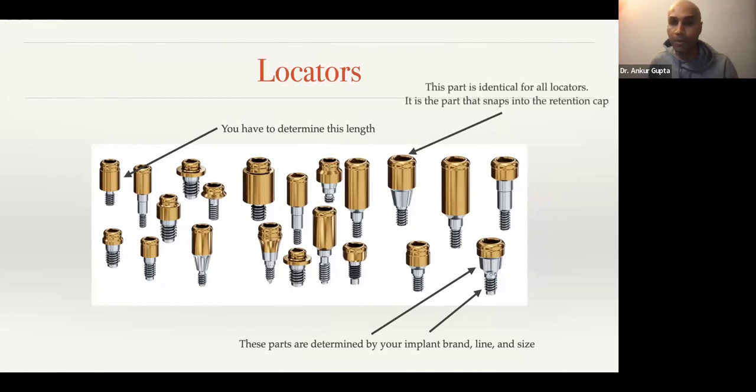This is the part that snaps into the retention cap. If you notice, all these mismatched, differently shaped locators have the same top, meaning that any retention cap that goes into a denture is going to snap into the top part of your locator.